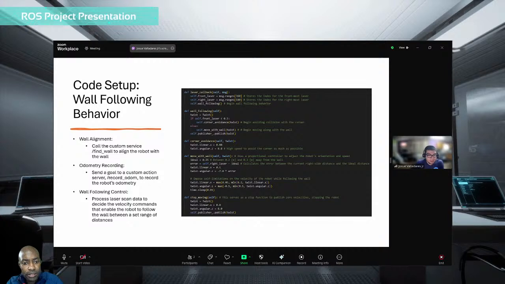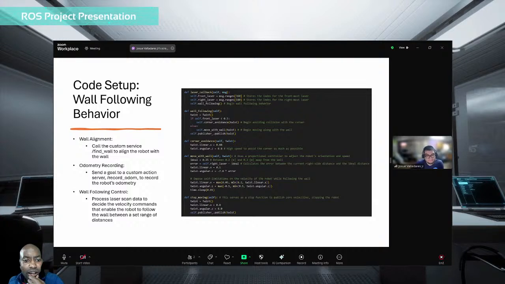Then we set the linear speed to 0.1 and our angular speed, in radians per second, to -7 times the error. This bottom part is just to enforce that we don't go too fast and cause the robot to tip over. And this bottom one is just to stop it completely.